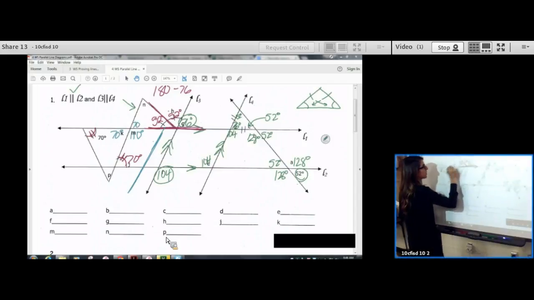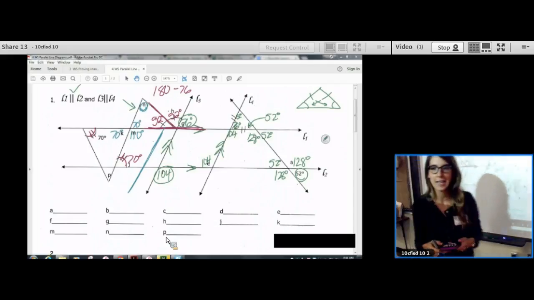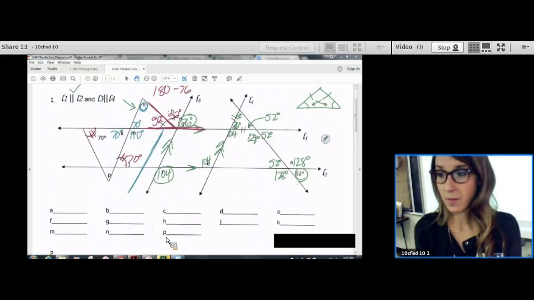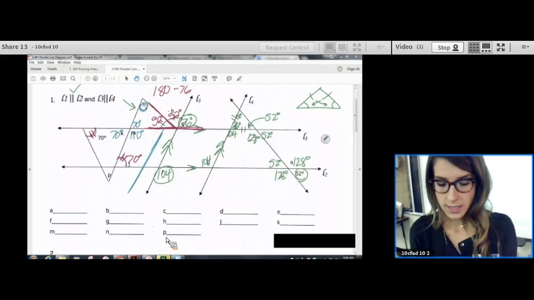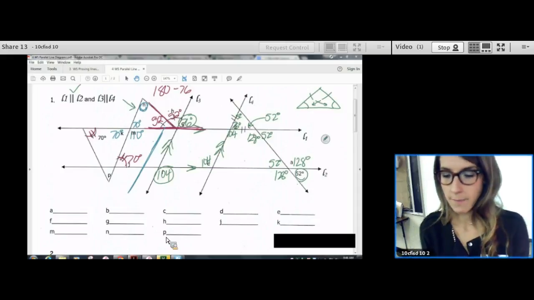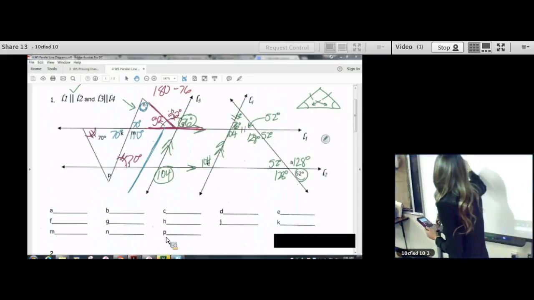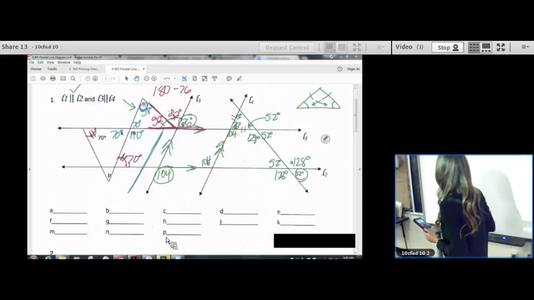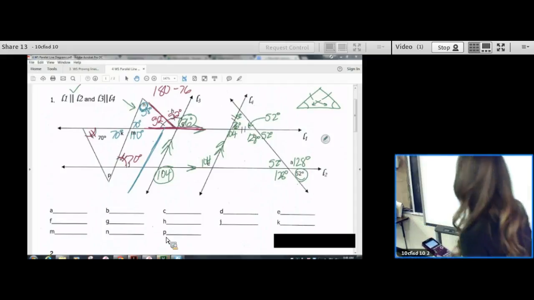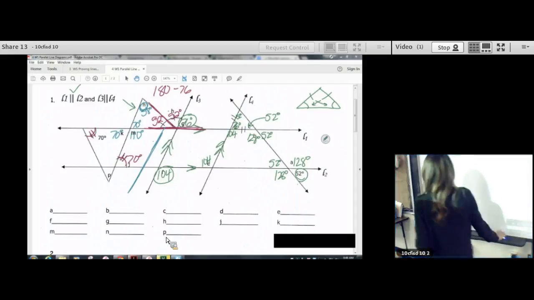Vertical angles, 70, 70. And then to find n, I can use triangle sum theorem. They add up to 180, so I can do 70 plus 52 and subtract it from 180, and it's 58.